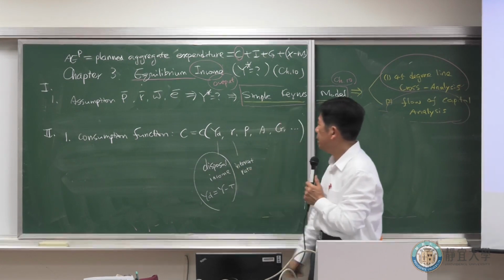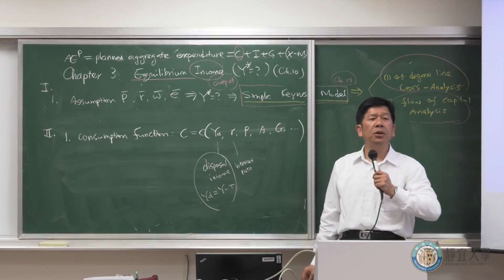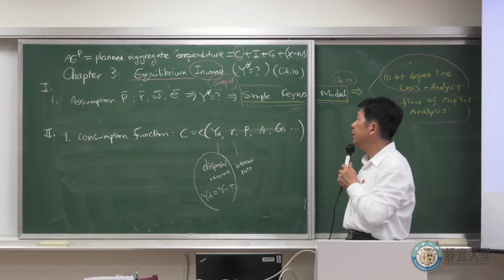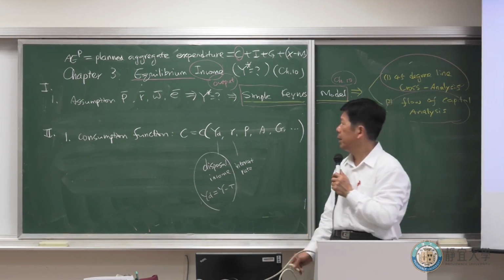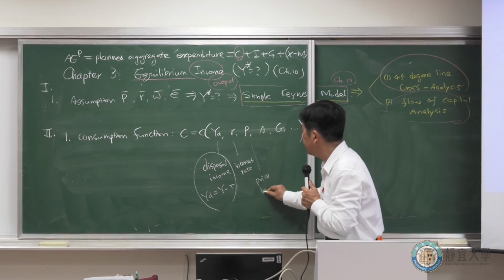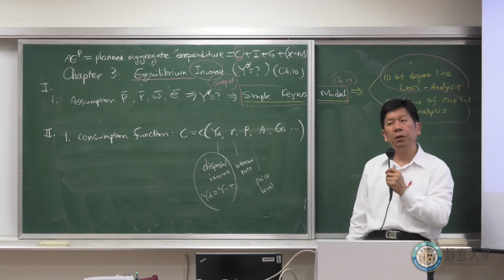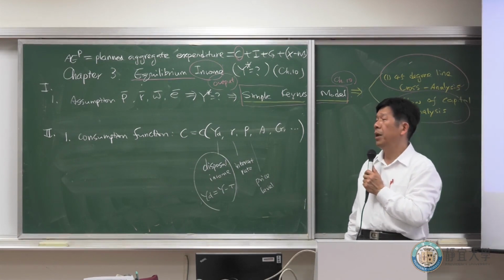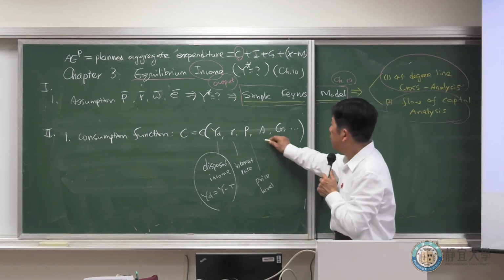Sometimes if the interest rate changes, then your consumption behavior also changes as well. And P is the price level. Maybe we have some inflation or deflation, or the price level is stable. Okay, and what is A?